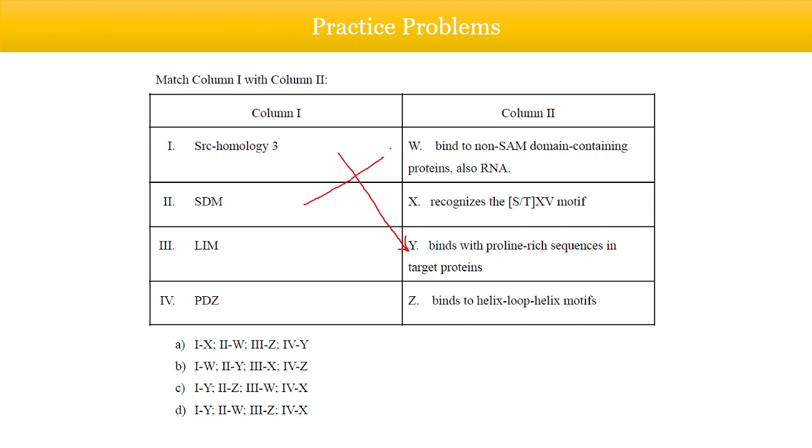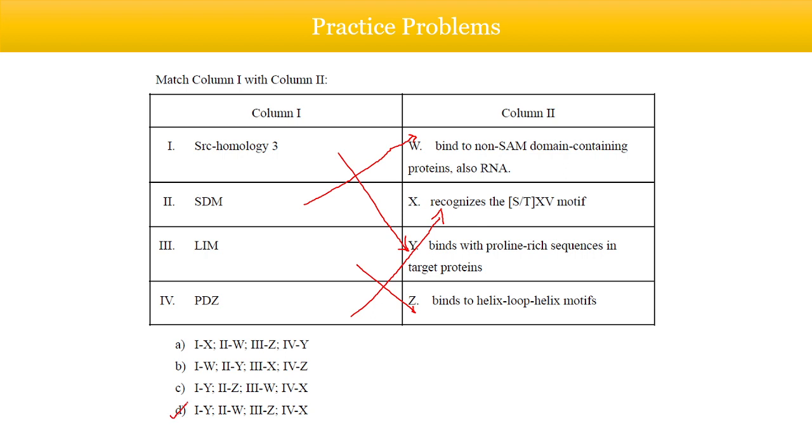So you have 1Y, 2W. You have 3, the LIM binds to helix loop motifs, that is right. And you have the last one, that is PDZ, that recognizes the STQV motif. So D is the right option.